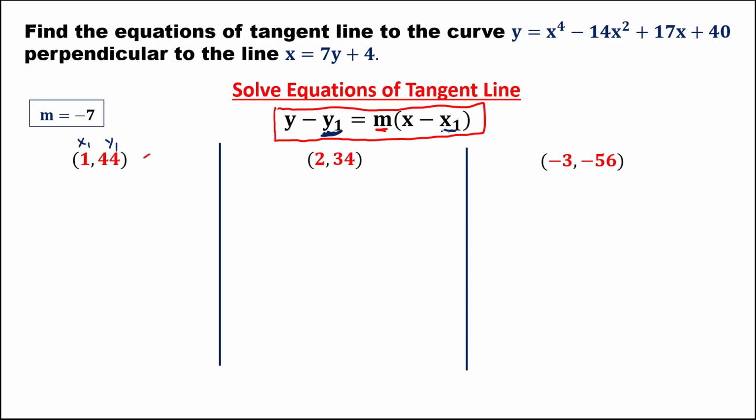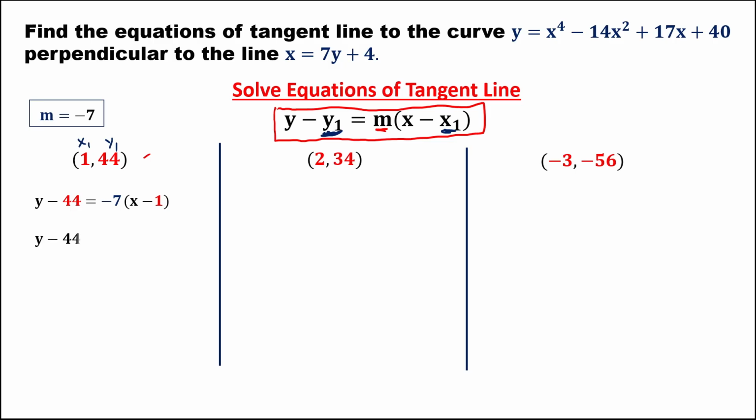So y minus y sub 1 is 44, equals the slope negative 7, times x minus x sub 1 is 1.